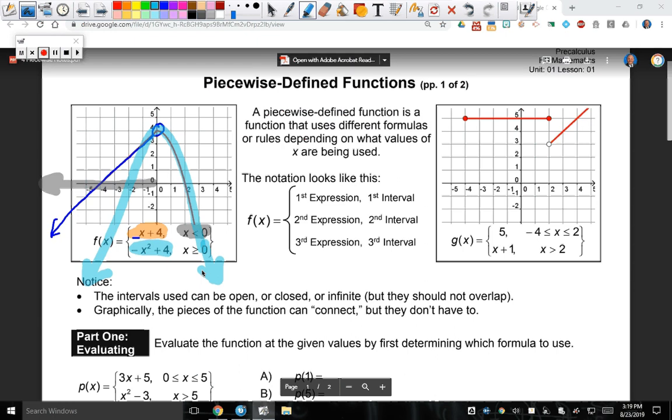But we're going to crop it to where it will only display everything where x is greater than or equal to 0. That means all of this piece to the left is going to erase, because that's not x greater than or equal to 0. So we're talking about x greater than or equal to 0, and it's shading all of this stuff.